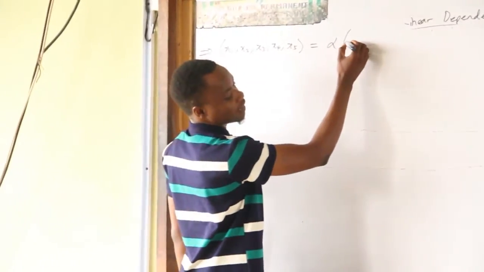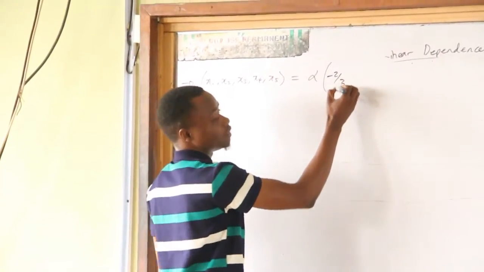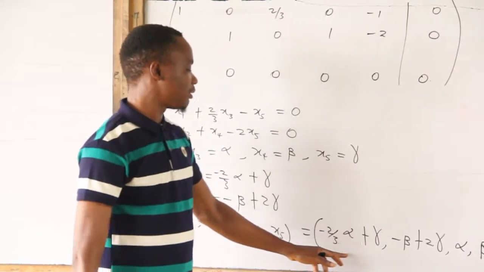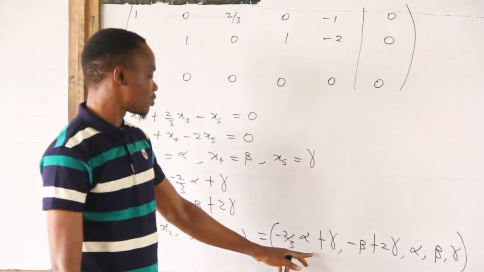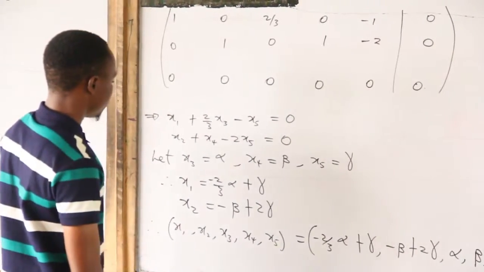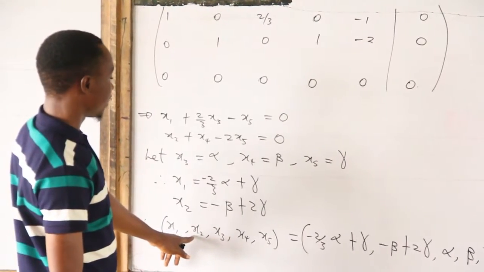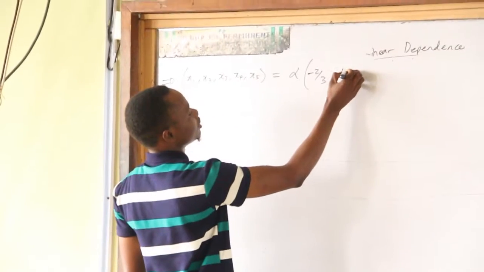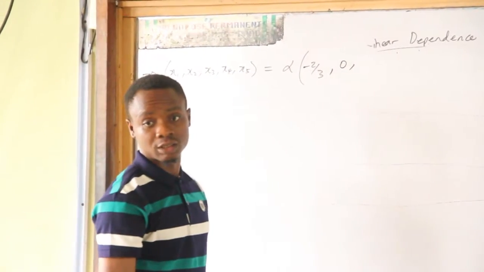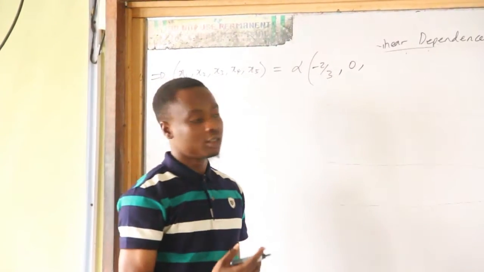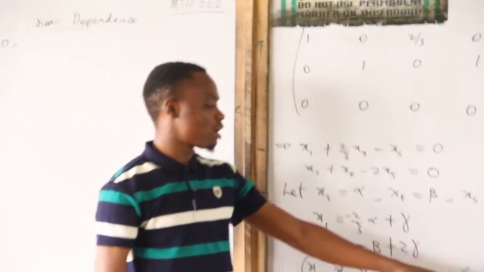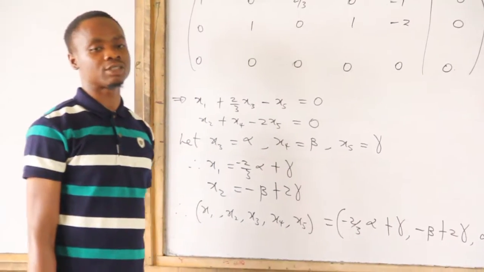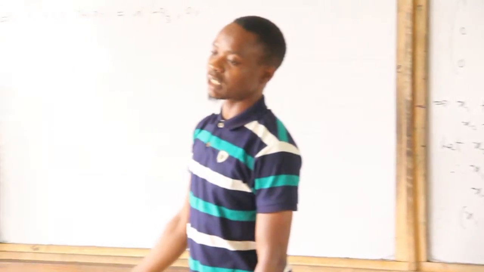Where do I have alpha again? I have alpha in the first one. x2 is minus beta, so x2 doesn't have alpha, that will be 0. You understand what I'm doing? I'm factorizing, moving out alpha, so that I can separate the terms in terms of alpha, beta, and gamma.